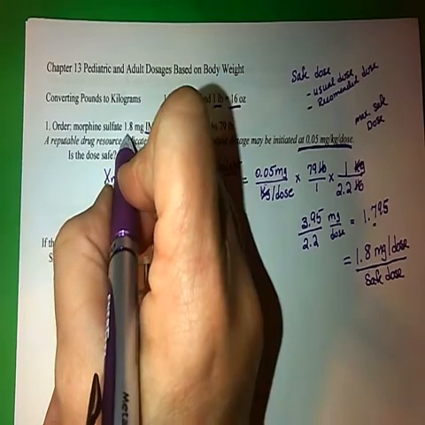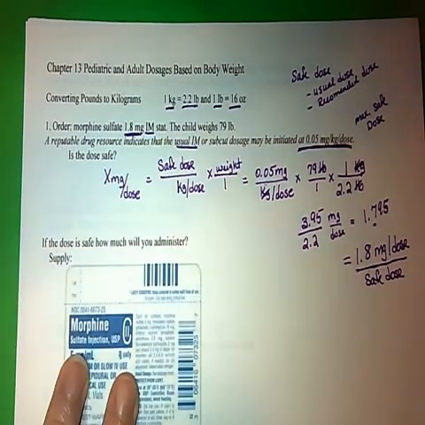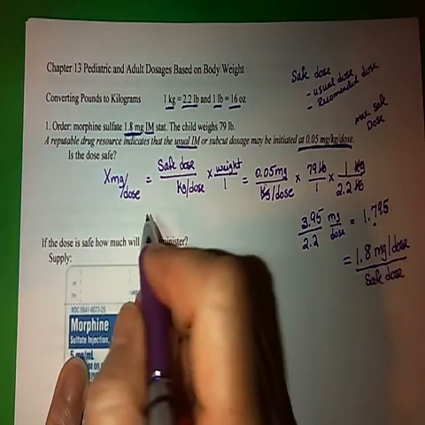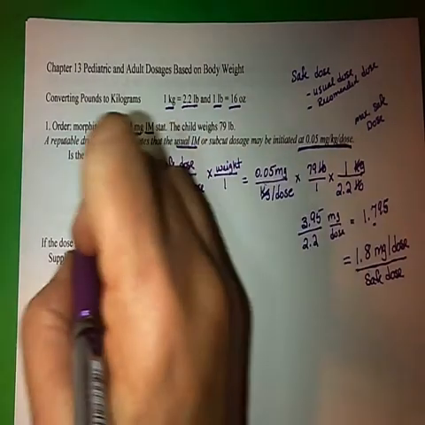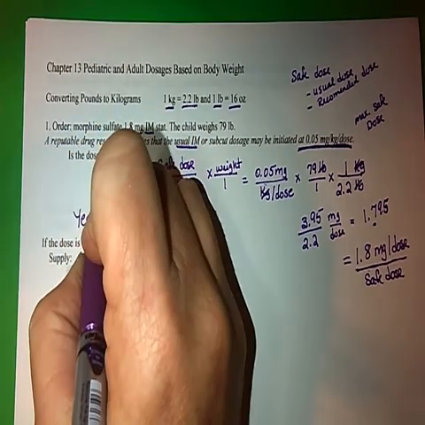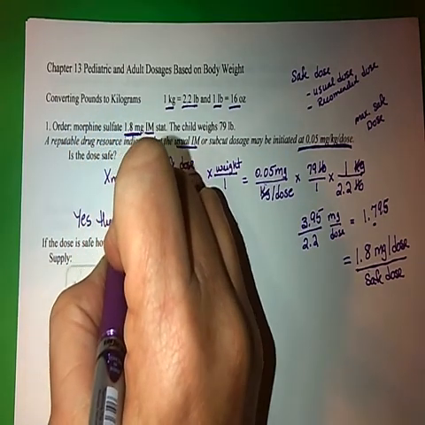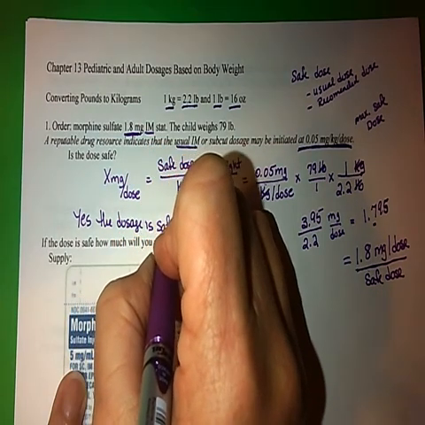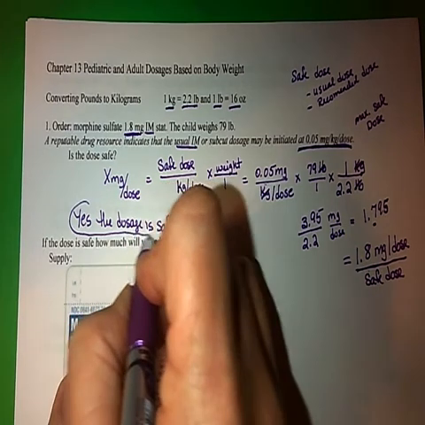But you'll also notice it's the same as what the doctor ordered. So, is the dose safe? Yes, the dose is safe. That's what I had to work out to find out.